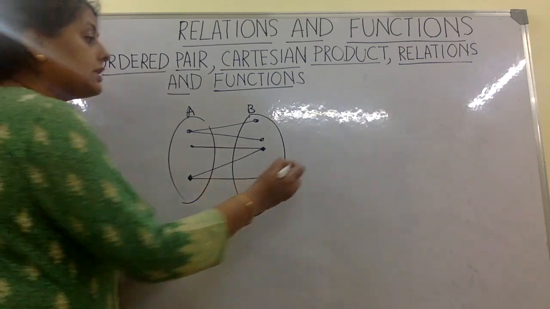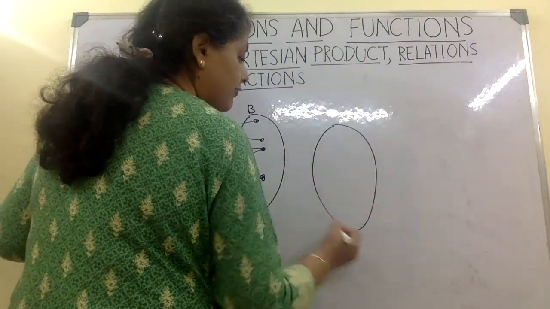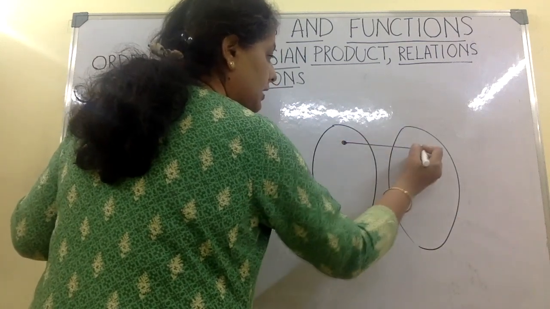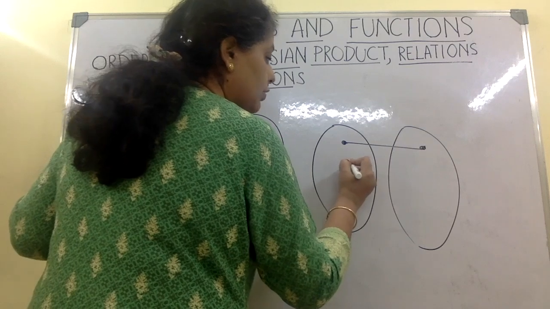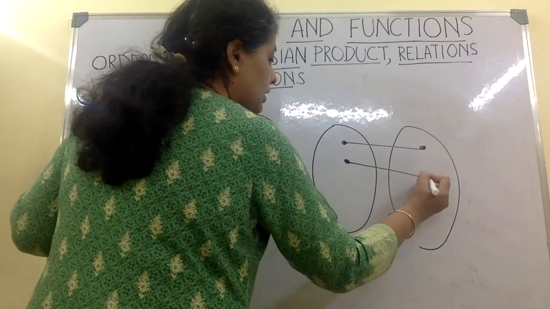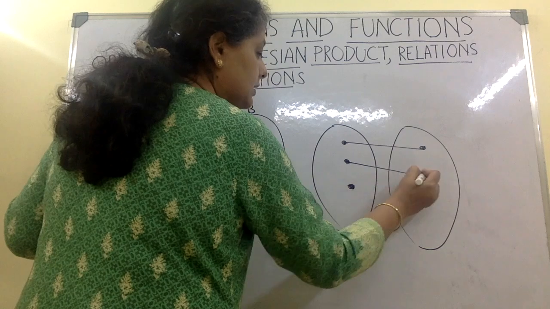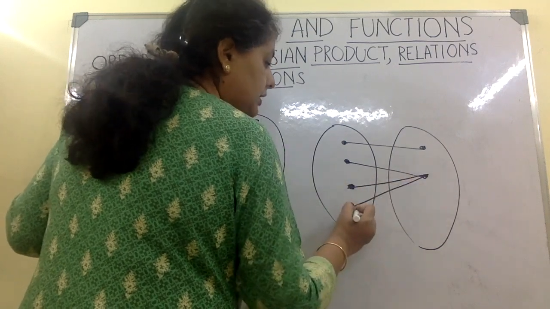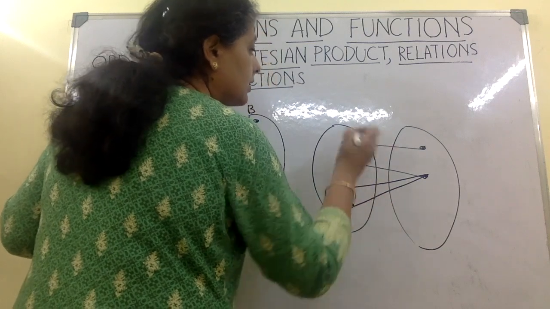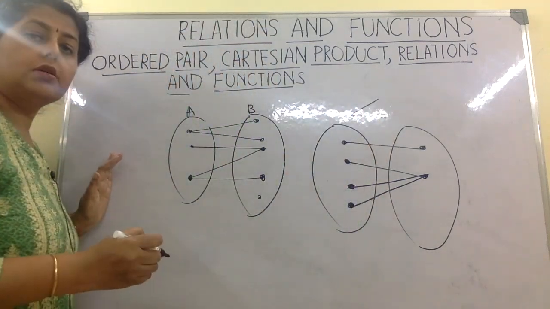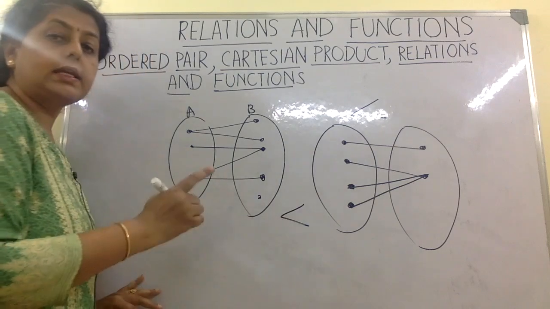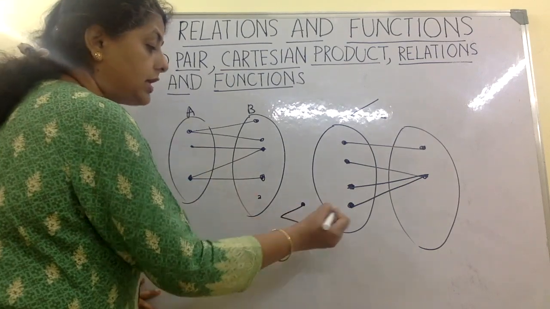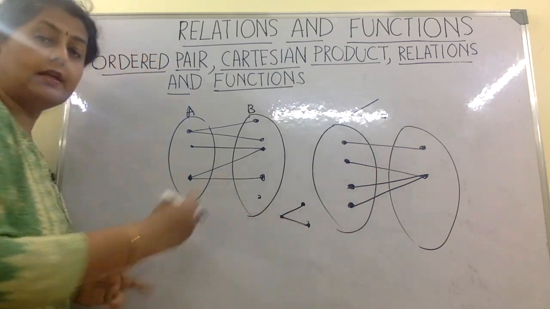If it has to become a function, it can be just one to one linking, like this, or also like this, no problem. But it cannot be this sign, remember, the less than sign, where two on the right are linked to one on the left.